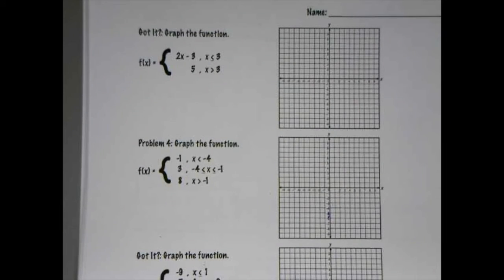So basically, basically graph your lines and then just erase or do whatever to make it only exist on that side. If it's wrong, look at this and then ask questions.